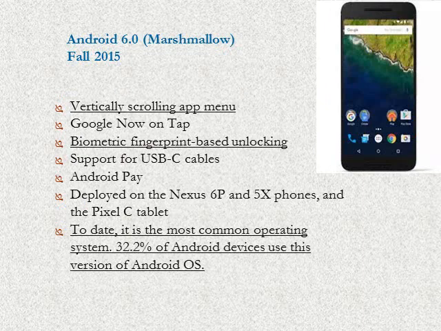Moving on to Android 6.0, the Marshmallow version, it provided the support for biometric unlocking, so it enhanced the security of your device a lot. This is still one of the most famous operating systems in mobile devices.